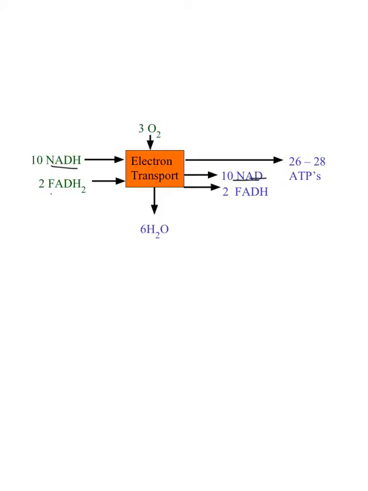We're going to take the 2 FADH2s from Krebs cycle, strip off the hydrogen, and use the energy from the attendant electrons to make a whole lot more ATPs, or convert ADPs into ATPs. The remaining FAD can be, again, recycled and reused.